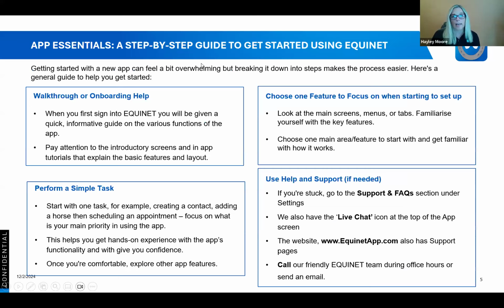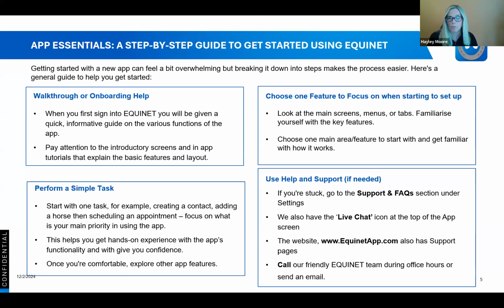So getting started with a new app, not just EQUINET, anything really, can be a bit overwhelming. But there are a few things you can do. You can break it down into steps to make the process a little bit easier. Obviously we'll relate it to EQUINET, but when you first sign in, you do get a quick informative guide.